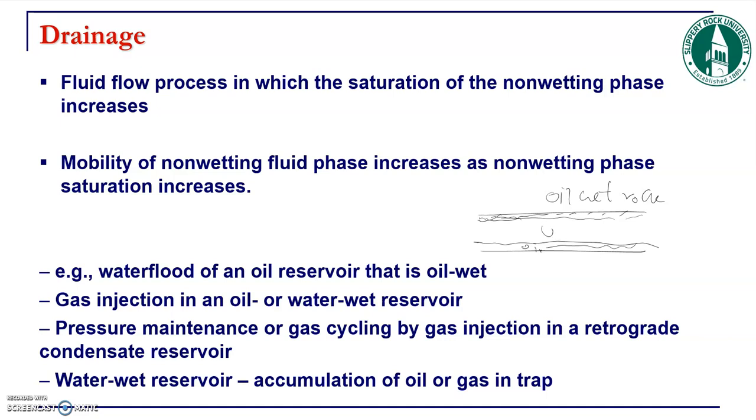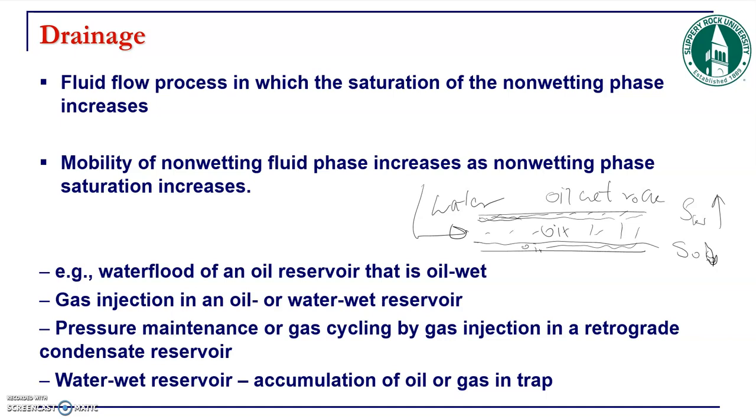Oil everywhere, kind of, right? You have that layer which is attached to the surface of the rock, and then you inject water into the pore. It will remove some of the oil from the pore, especially the oil in the middle of the pore, right? And what happens? The water saturation increases, the oil saturation drops, right?